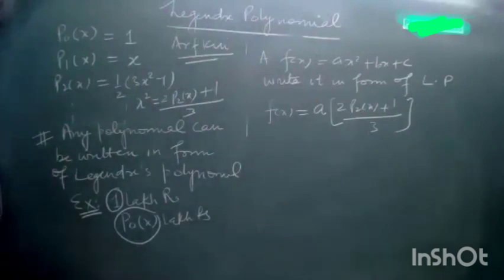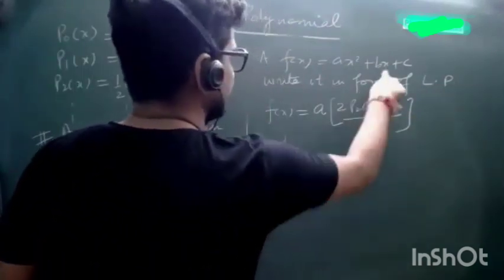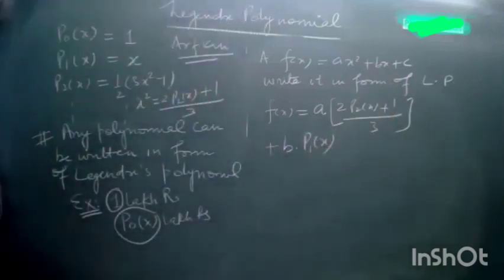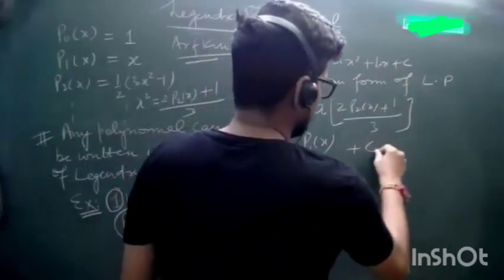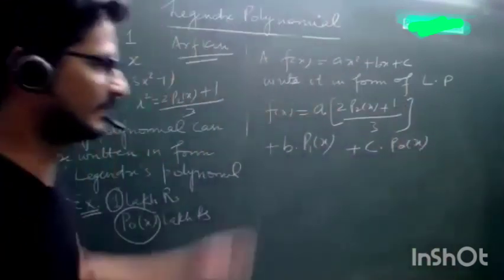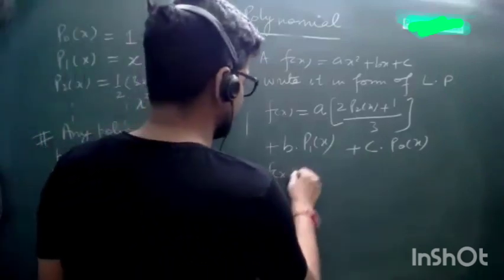If anyone has any problem, tell me. Then plus b times x, what should I write? P1x, correct? And what about c? P0x. So you have written f(x) in the form of Legendre polynomials, a summation of them.